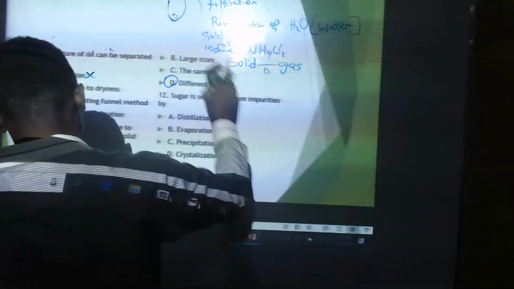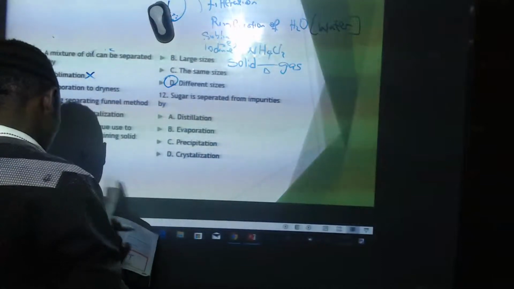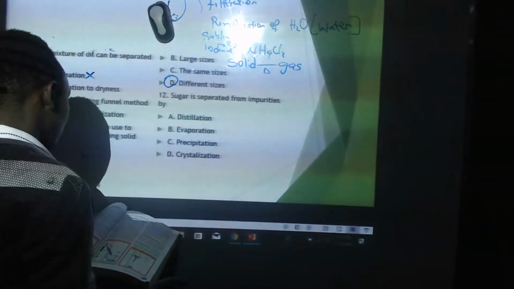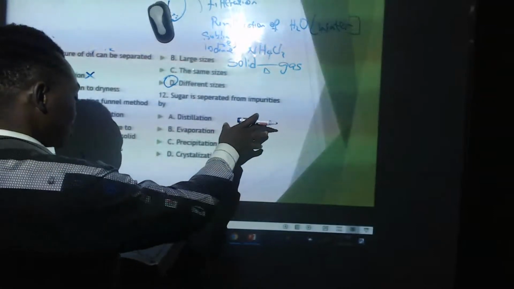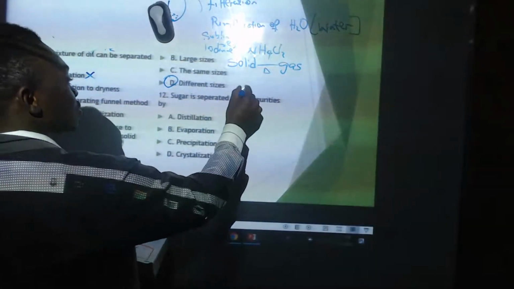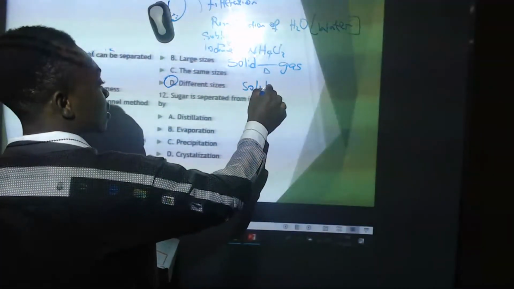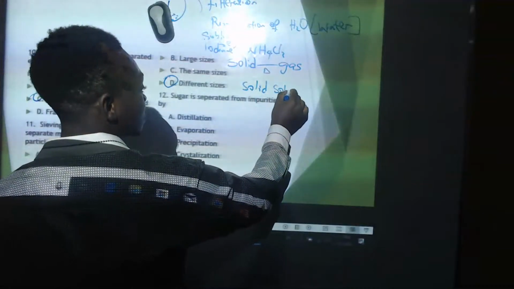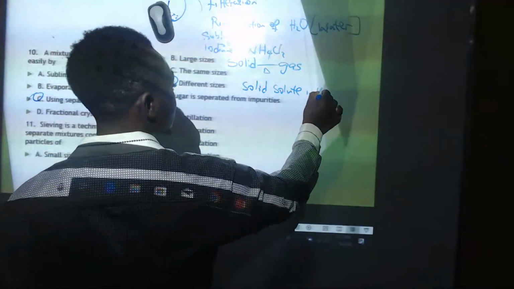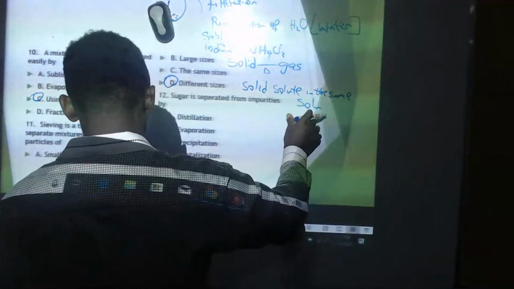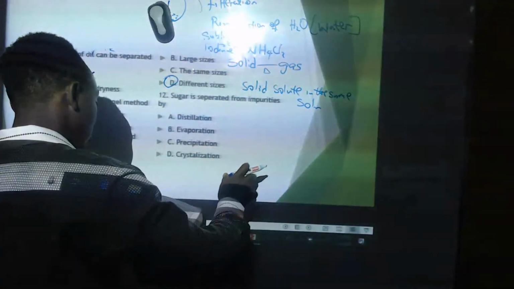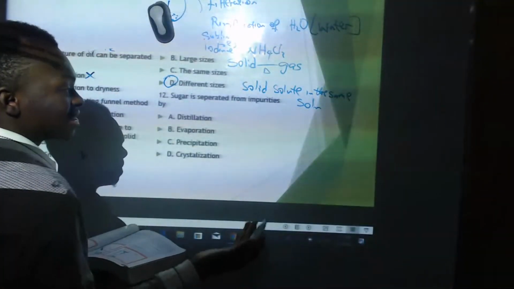Now, I also talked of fractional crystallization, used to separate solid solutes which are present in the same solution. Once you have solid solutes in the same solution, that's when you begin to look at their temperature.